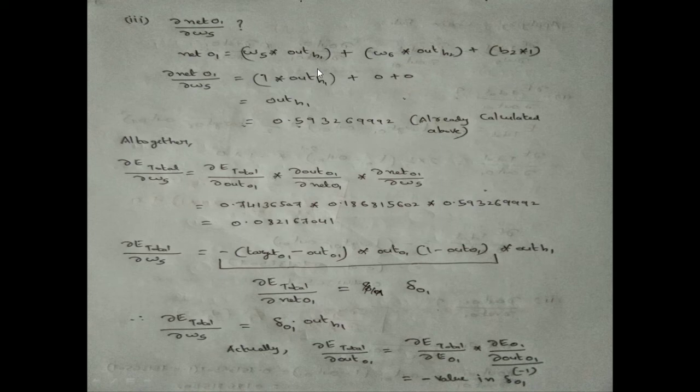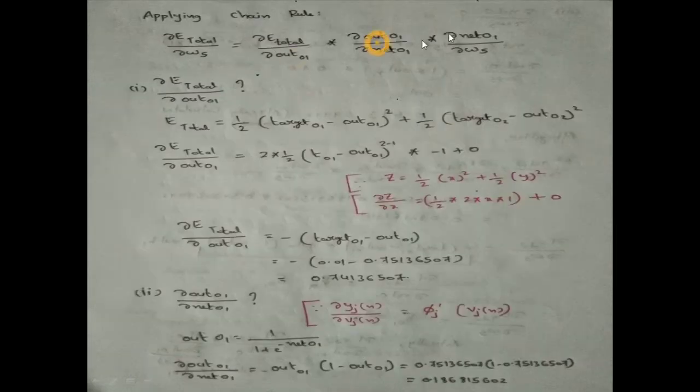And what is the final output value? That is, the final value of this particular derivative is equal to the output value of H1. So this output value of the neuron H1 we have already calculated above, right? So this will be our value of this one. So now we have calculated the three parts, this part, this part and this part.